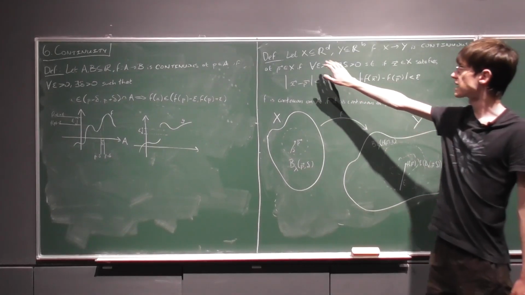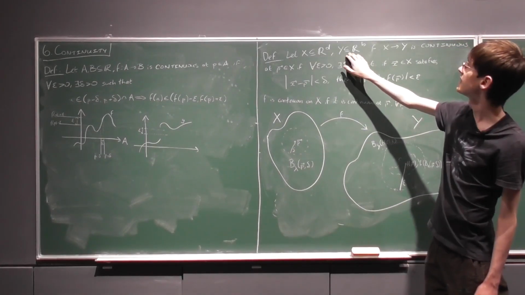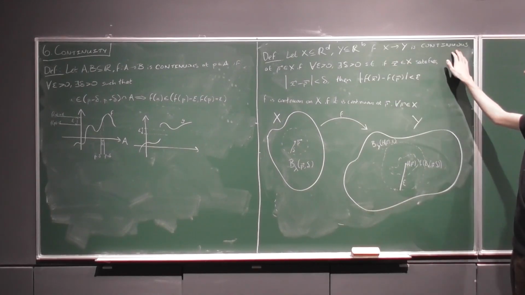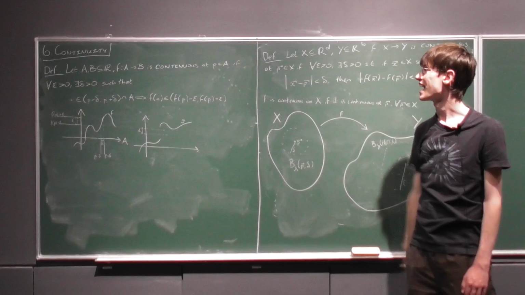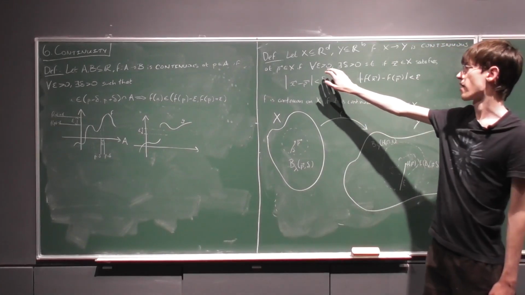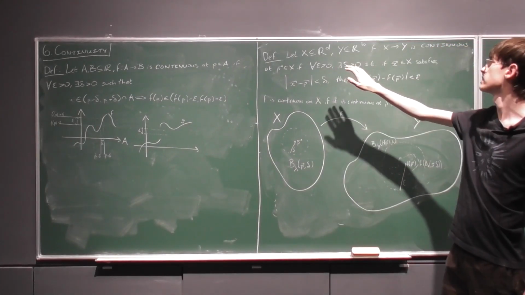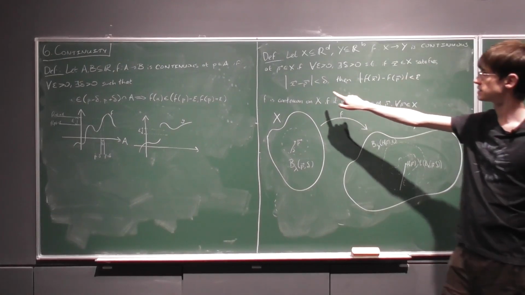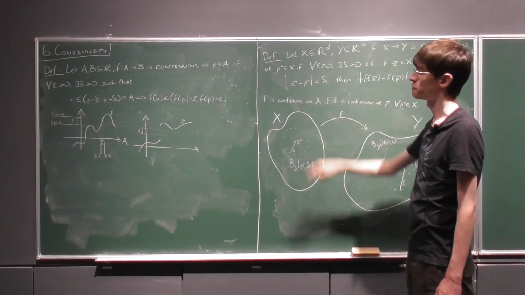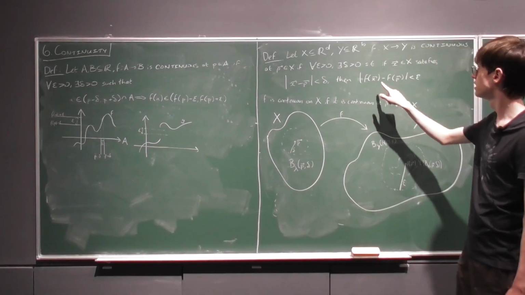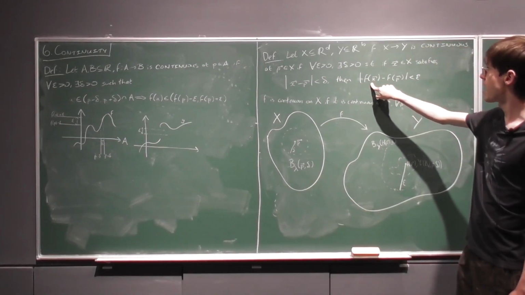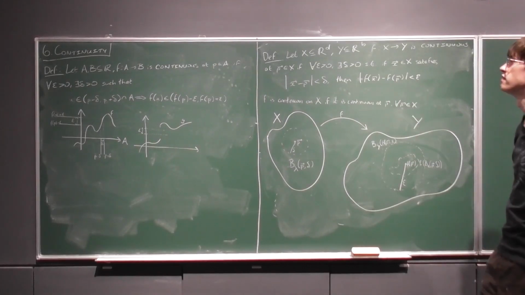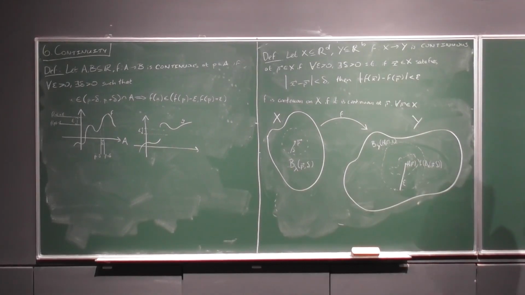If we take X as a subset of R^d and Y as a subset of R^b, and f a function mapping X to Y, we call f continuous at a point p in X if for any epsilon greater than 0, there exists a delta greater than 0, such that for any point x within X which satisfies that x is within delta of p, then f evaluated at that x is within epsilon of f evaluated at that point p.